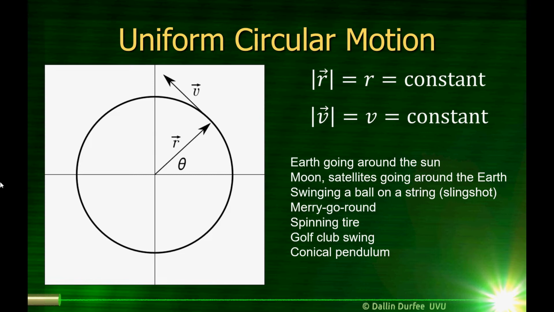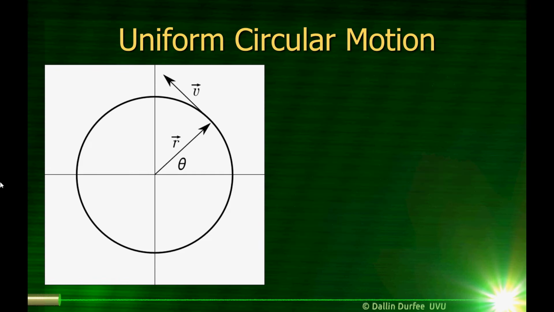When you swing a golf club, the club accelerates, but for a brief moment in time, you can imagine a little piece of the arc being something like uniform circular motion. We'll talk about non-uniform circular motion briefly, which is what you would apply to a golf club. A conical pendulum, a pendulum that's oscillating in a circle. So lots of cool things you can understand if you understand uniform circular motion.